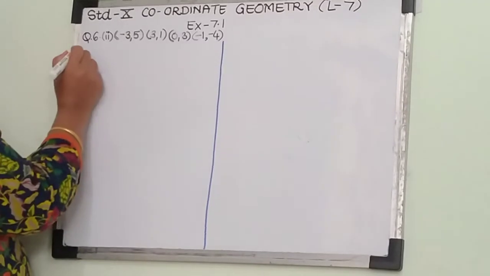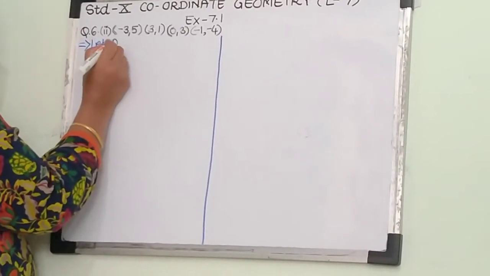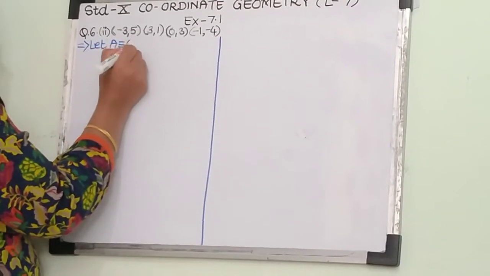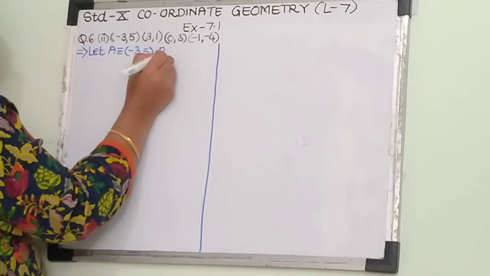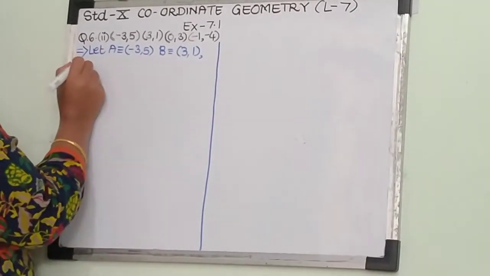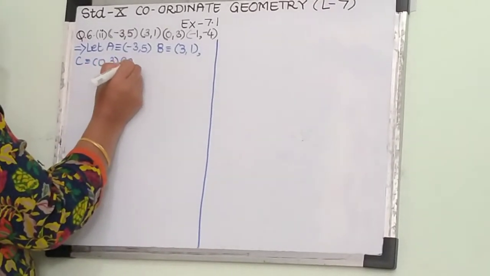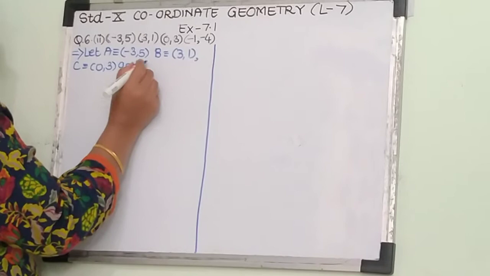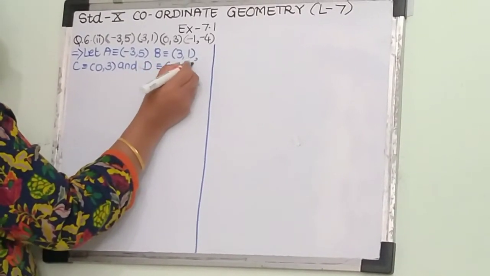So first we are going to take, let the given coordinates be A's coordinate (-3, 5), B will be (3, 1), C that is (0, 3) and D that is (-1, -4).